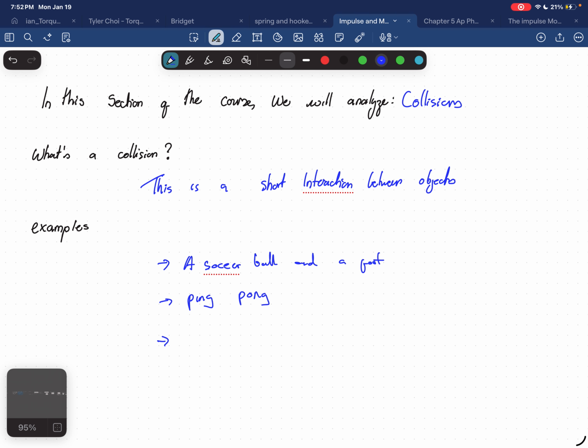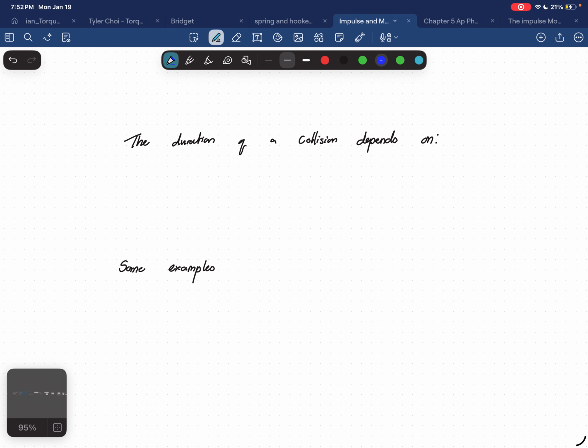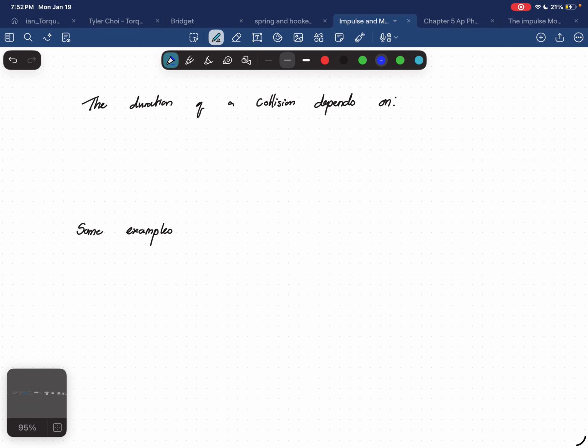Another example would be golf stick and golf ball, or even two pool balls, like those balls on the pool table. So basically, I'm using the word short here. I'm calling a collision a short interaction.